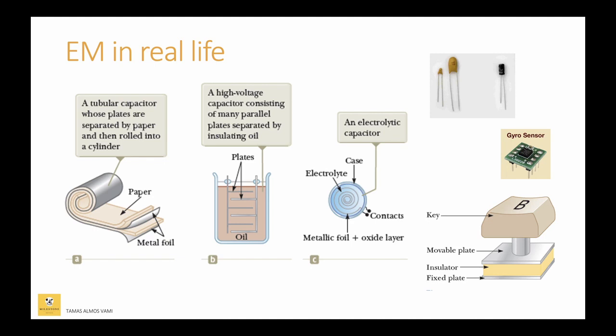And so that's how those work. Sometimes we also use this metallic foil with an oxide layer, and then there is an outside case, and there is some electrolyte, some material that is used, which is better than the paper.